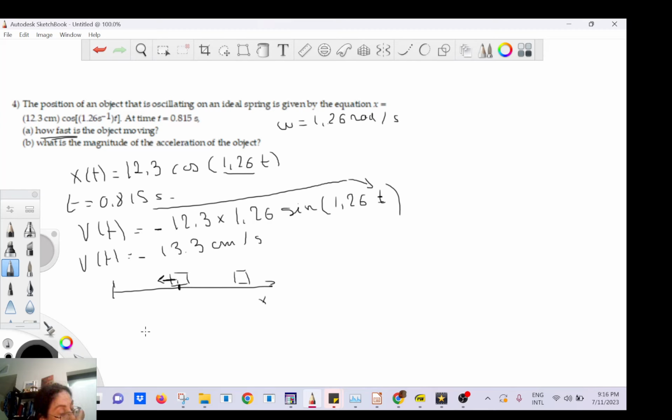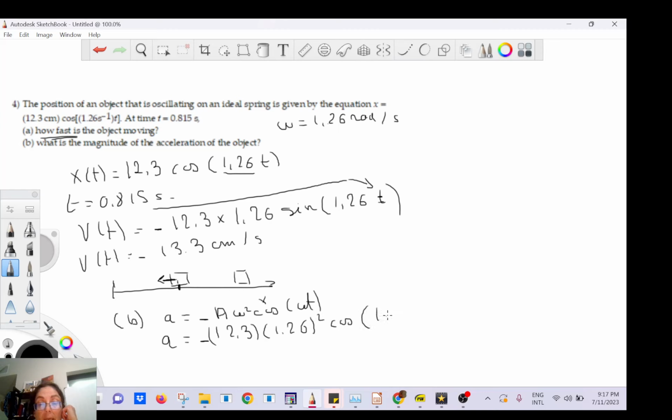And then B, the acceleration. So acceleration is also minus A omega square, and then you have a cosine. So it's going to be minus the amplitude, and then omega square, which is 1.26 square, cosine 1.26 t.